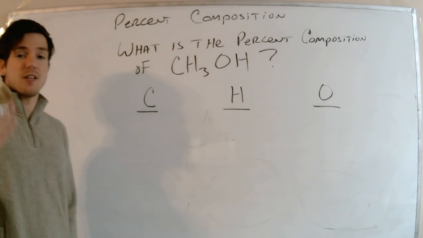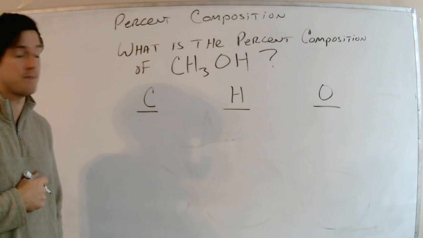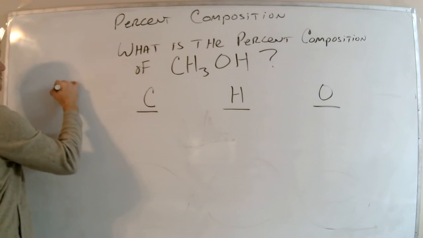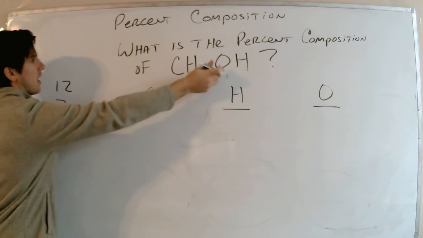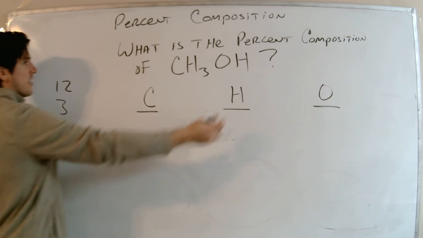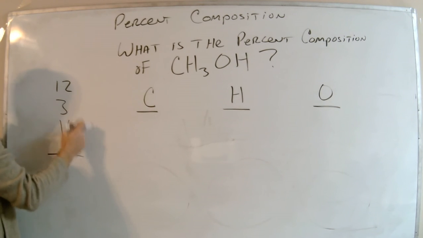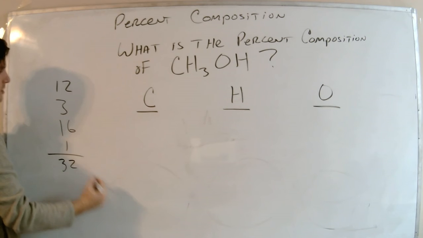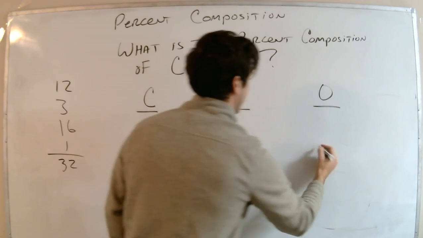Again, let's figure out the molar mass of this whole thing and put that on the bottom. Carbon is 12, hydrogen is 3, oxygen is 16, and that hydrogen by itself is just 1. 12 plus 3 plus 16 plus 1 gives 32. So 32 grams per mole is our total.